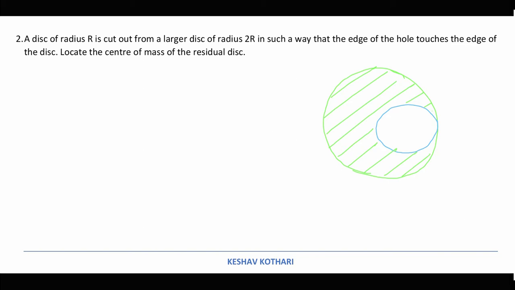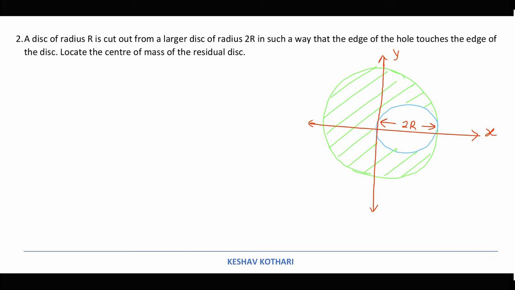So the first thing that I do is I fix the coordinate system. So I am fixing the coordinate system like this, that this is the x-axis and this one is the y-axis, and the total radius of this larger disk is equal to 2r, which is the diameter for the smaller disk.